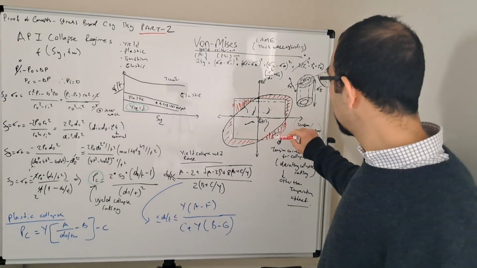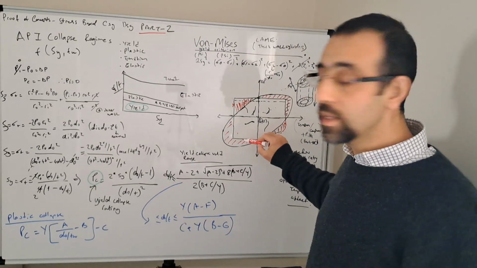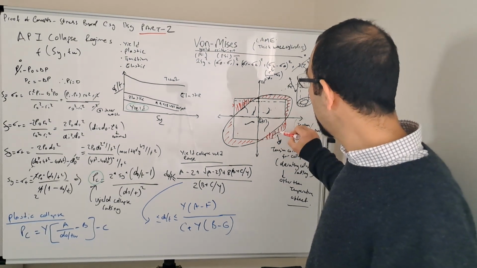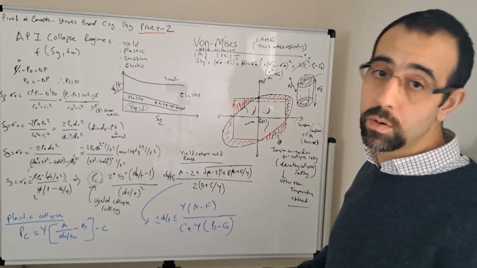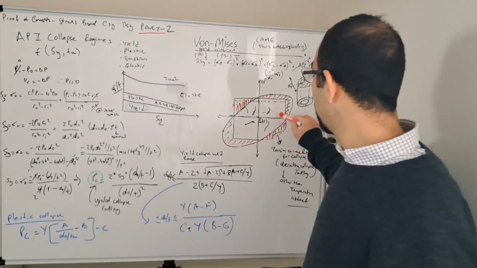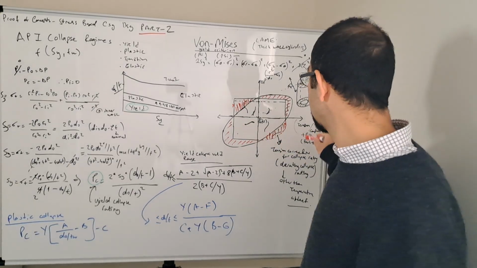So we calculate a corrected yield strength in this area with the effect of tension and the backup pressure, either internal or external pressure.